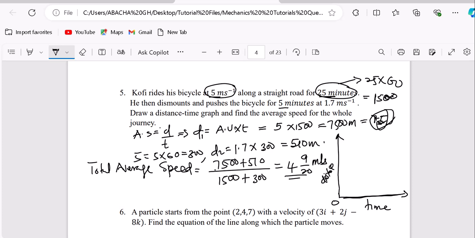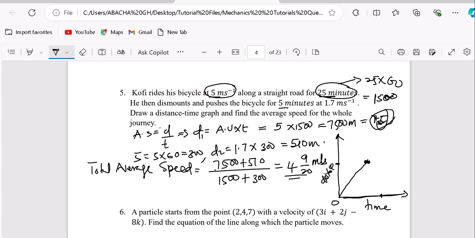For this part, I can just indicate that this distance is 750, maybe 1005. So this is the first point. It's just a straight line like this up to this point.